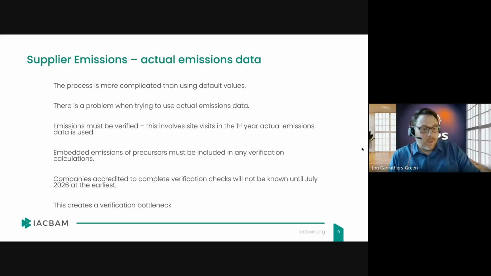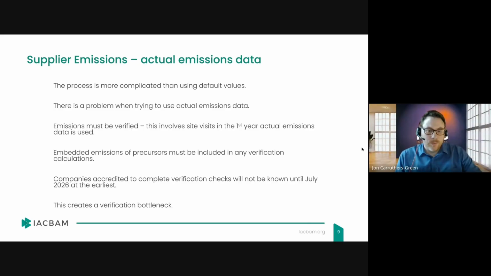This is going to create a little bit of a bottleneck. What we're not expecting is this list of accredited companies to be released until at least July 2026. Now, for any CBAM calculation, any CBAM liability in 2026, that doesn't have to be paid until we get to September 2027.